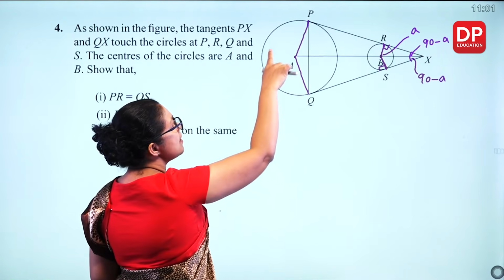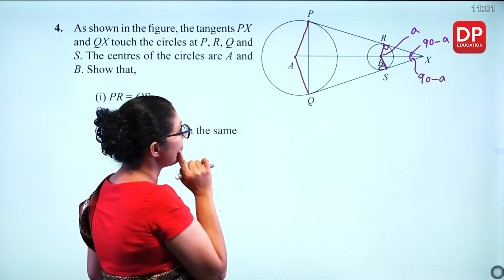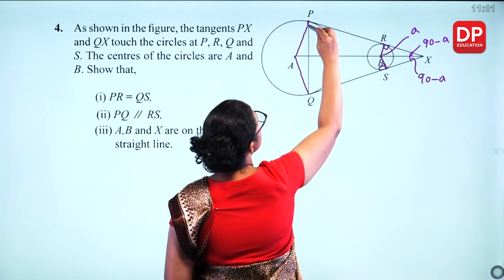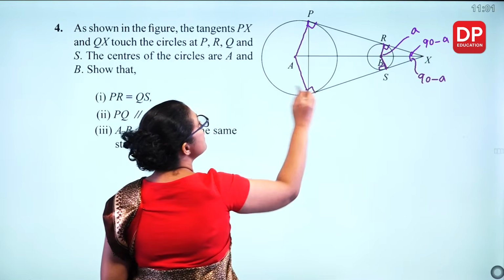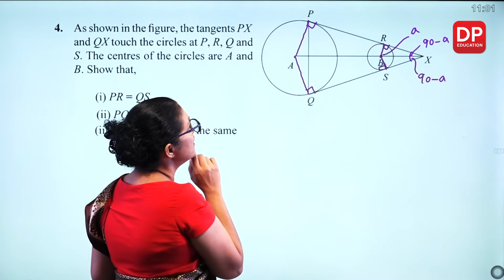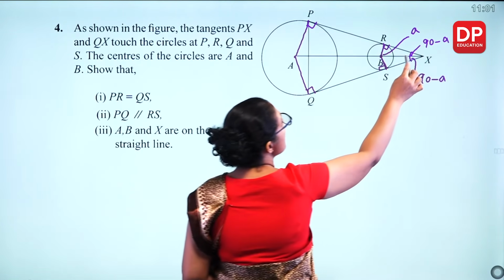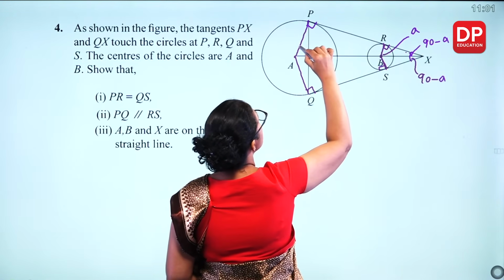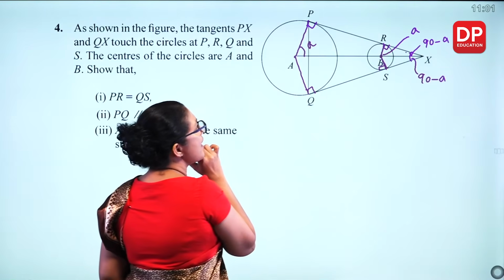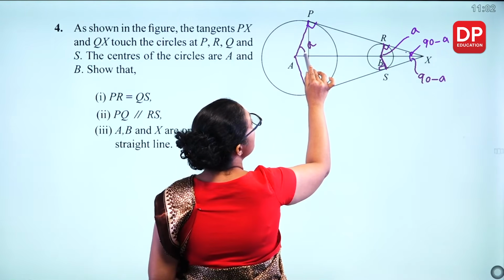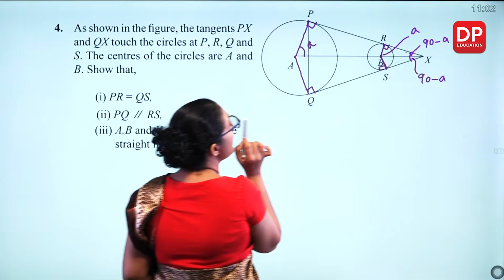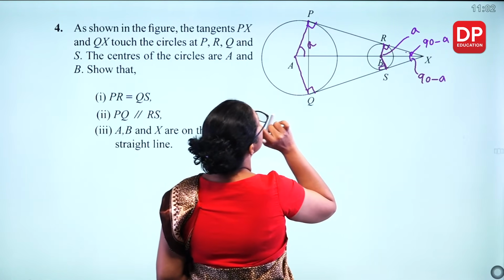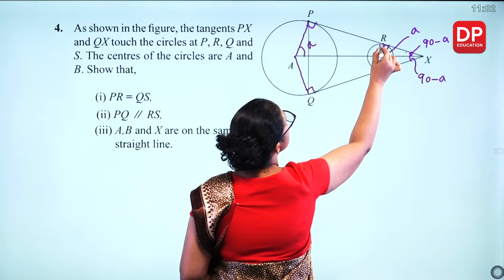And we'll take the big triangle. Big triangle, this is also 90 degrees. These are 90 degree angles. So if this is 90 minus A here, what's this angle? This is A. This angle A and this angle A we found.